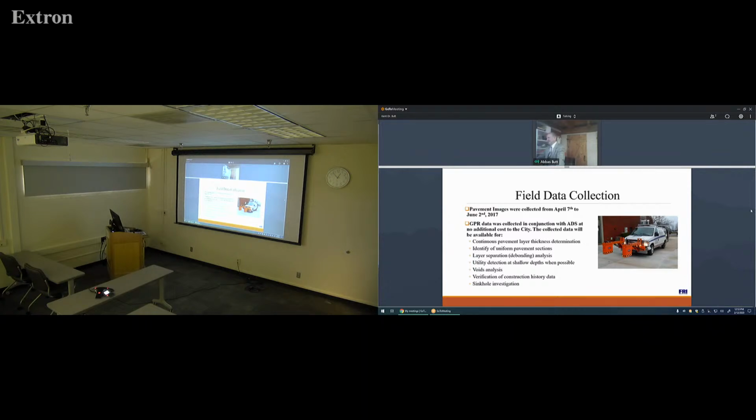We can identify the uniform pavement sections based on the GPR data. We can also look at some forensic type work, if there is a layer separation or debonding or any voids underneath, because the City of Toledo is having problems with sinkholes. They wanted to see if the GPR data can be used to identify the sinkholes.